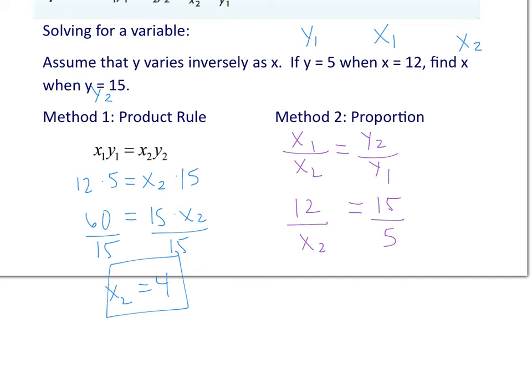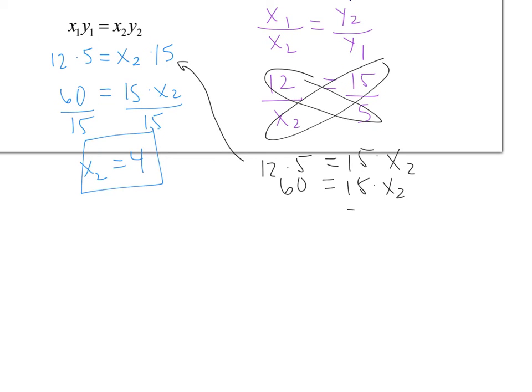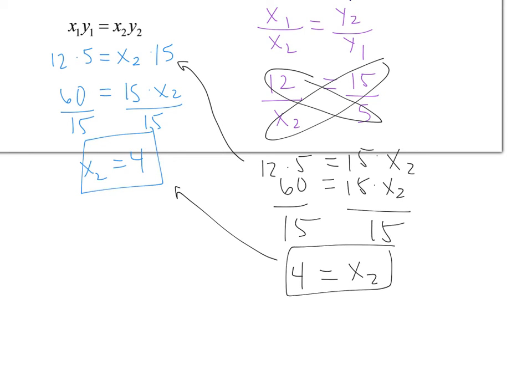Here we can look at cross products, so 12 times 5 has got to be equal to 15 times x sub 2, which is right where we were up here, right? So we have 60 equal to 15 times x sub 2. Now I divide by 15, and I get 4 equals x sub 2, which was the same answer we had right there. So we are happy.